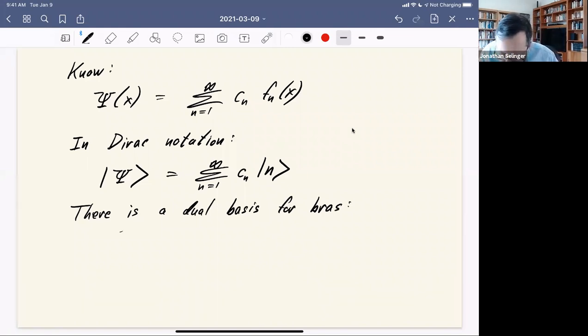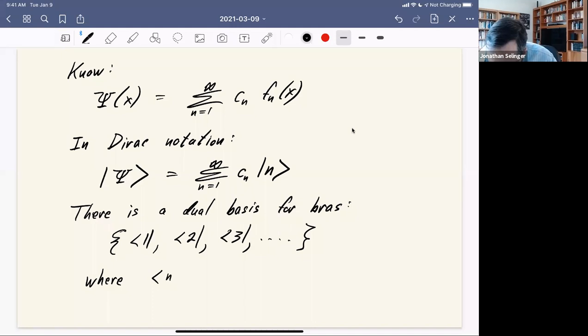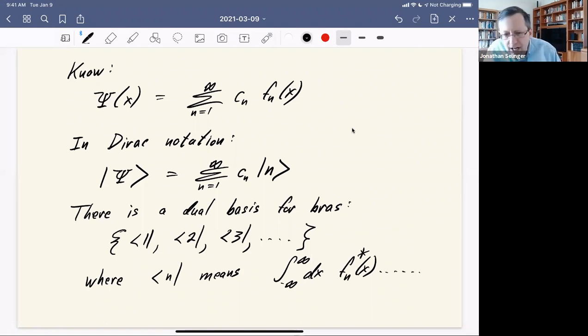That is, we could write a set of bra 1, bra 2, bra 3, etc., where bra n means an integral dx of fn of x star times fill in the blank.